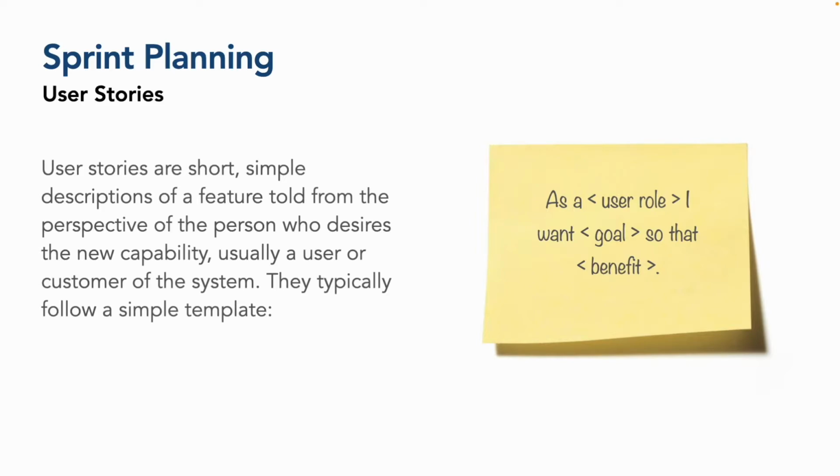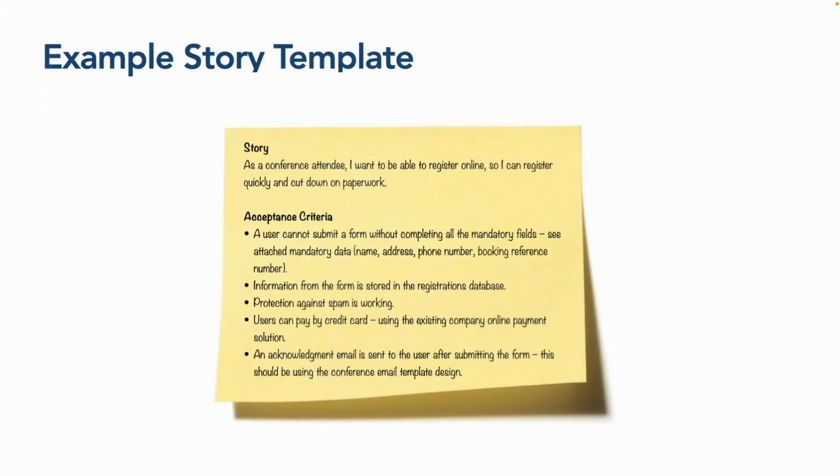So as a user role, I want a particular goal in order that I get a particular benefit. So a good example of a user story, and this is based on a live events conference and a booking solution. So as a conference attendee, I want to be able to register online so that I can register quickly and cut down on paperwork.